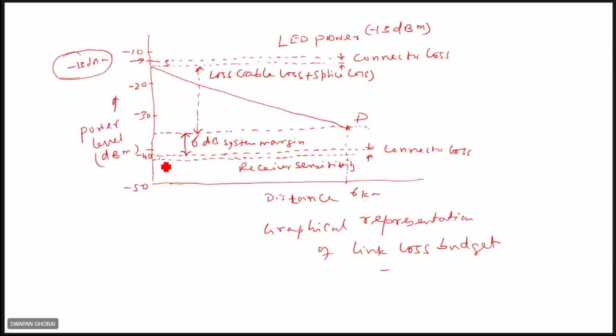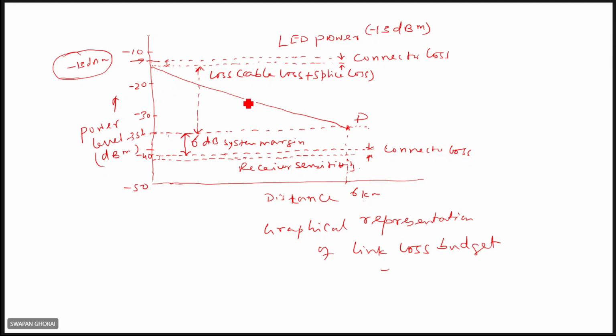Here, if you include this connector loss plus the 6 dB margin, so it is 7 dB, it will be somewhere at minus 35 dBm, right? And if you consider just 1 dB loss here also, and from this line is the 6 dB margin.